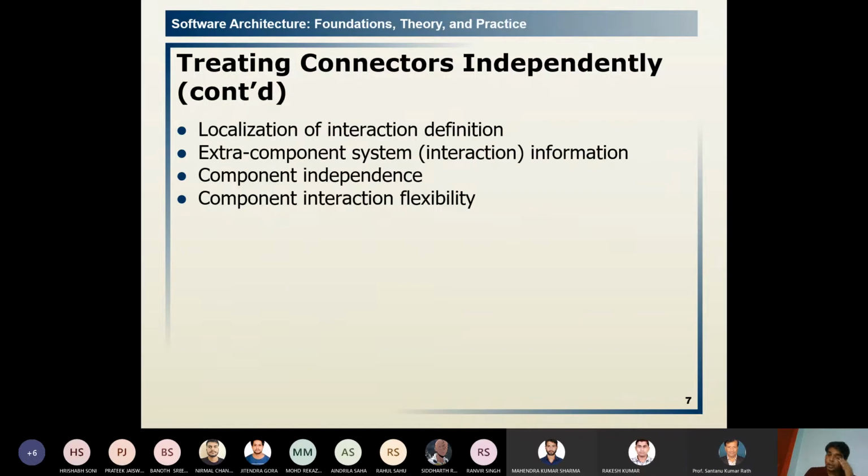Then treating connectors independently helps for the localization of interaction definition. When we are using the connectors independently, it will localize the interaction between the components.